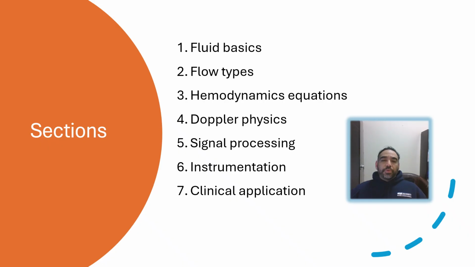So this is where PRF, wall filters, sample volume, range gating, pulse versus continuous wave, and angle correction directly influence what we measure. Once instrumentation is clear, we'll move into clinical application, where all of these principles come together in real diagnostic practice. Each phase builds logically from the last, and right now we're shifting from understanding the waveform to understanding the controls that shape it.